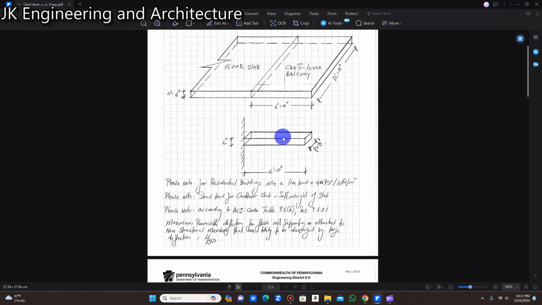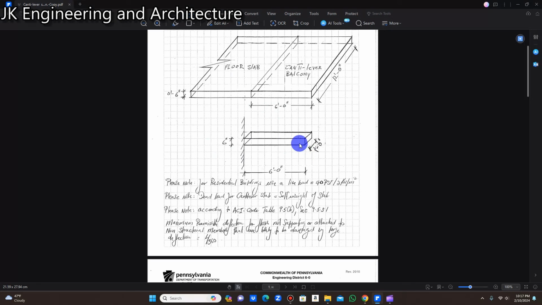All right. And remember now, the reinforcement in a cantilever beam or a cantilever balcony goes at the top, because the deflection is going to be downwards and you want the reinforcement to be at the top to resist against the downward deflection.